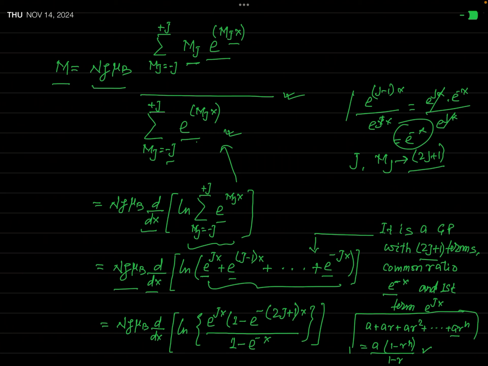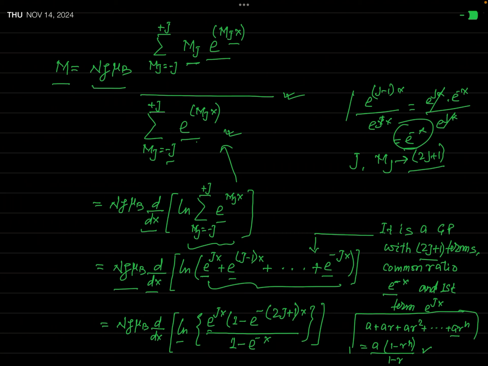So this will be M equal to N g mu B d/dx log of the sum. For this series, I am writing a as e to the power jx, and in 1 minus r to the power n, r is e to the power minus x, and in the place of n there is 2j plus 1, because in this series the number of terms is 2j plus 1.